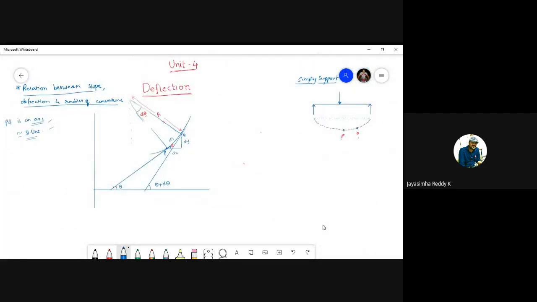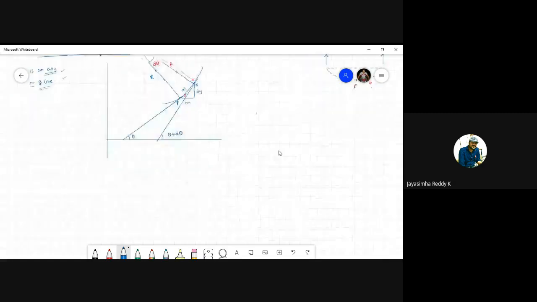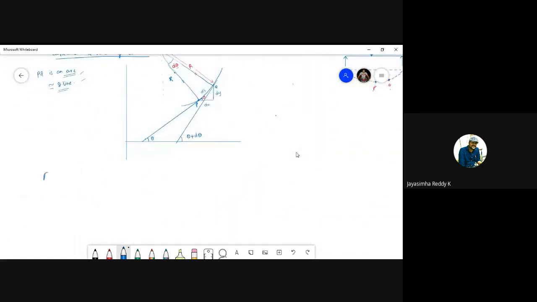This is also r. Okay. So from the figure, we can write ds, the length of the arc.